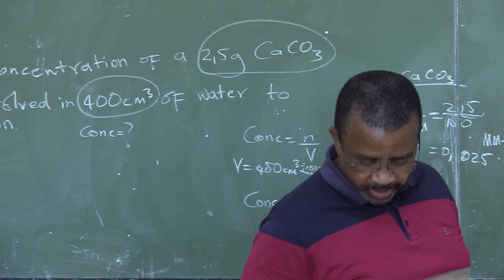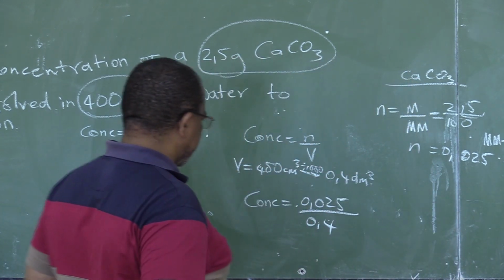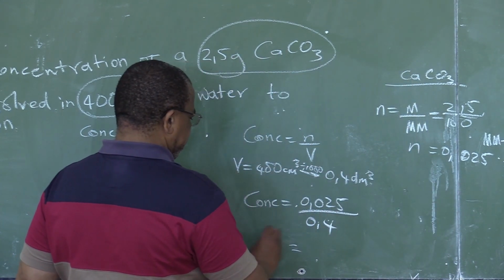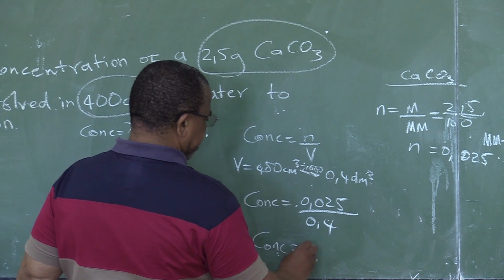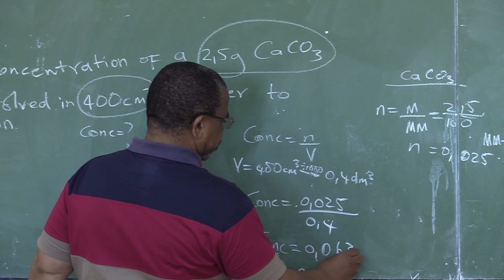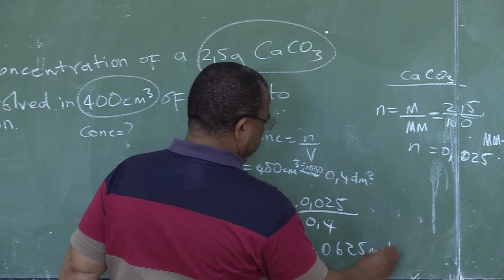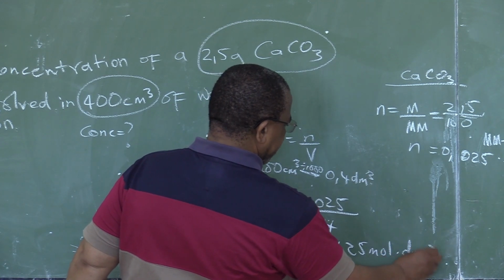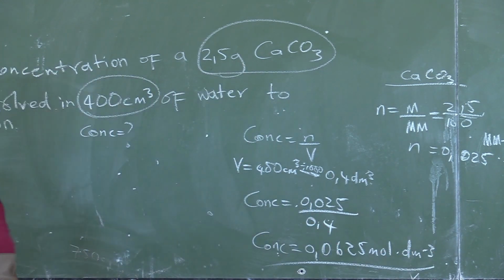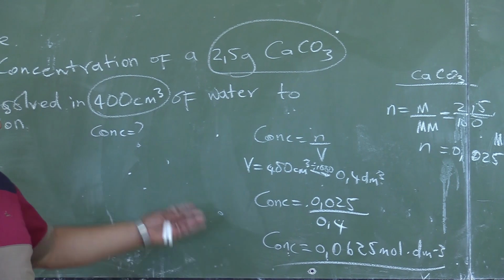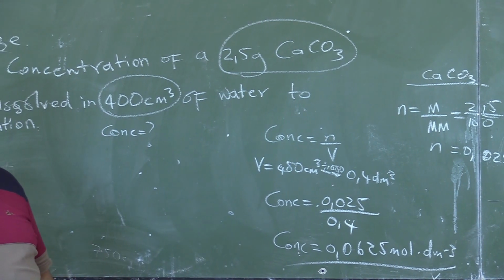So the concentration is 0,0625 mole per cubic decimeter. Simple and straightforward. It goes that way.